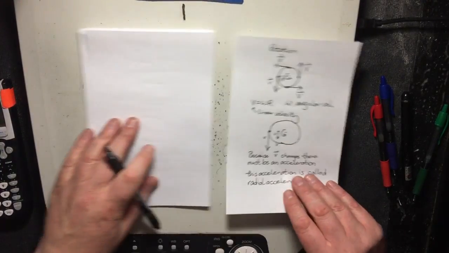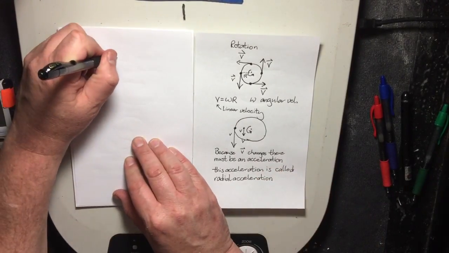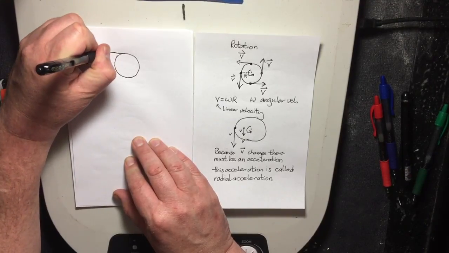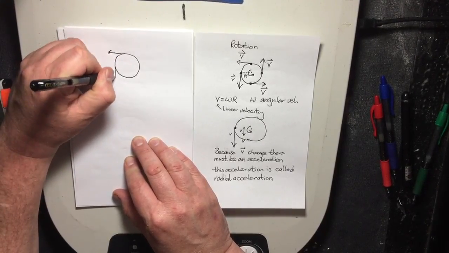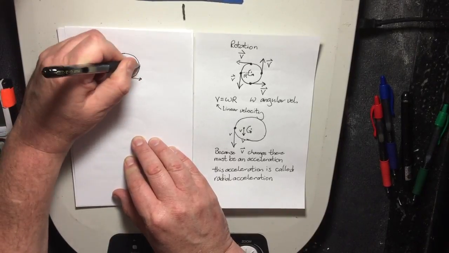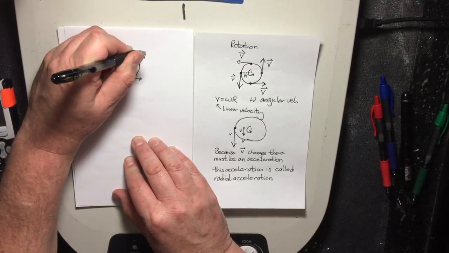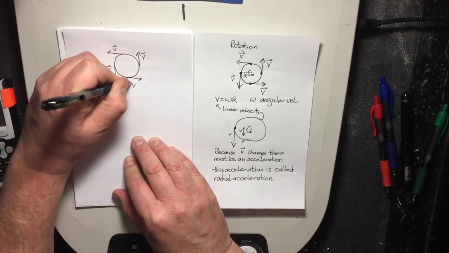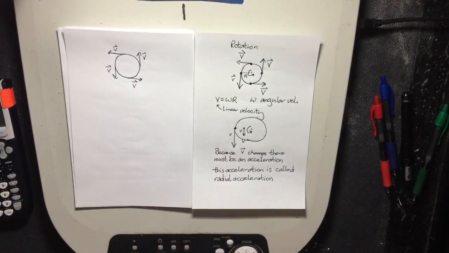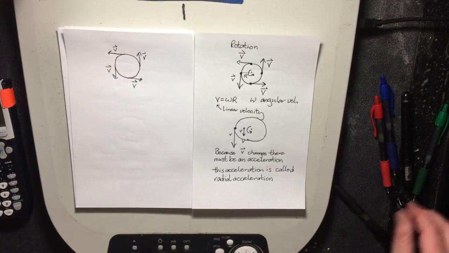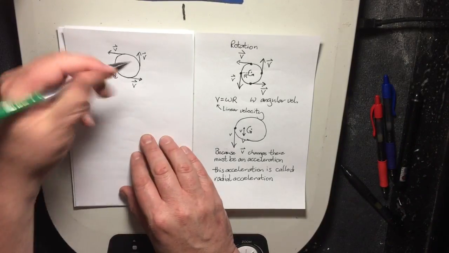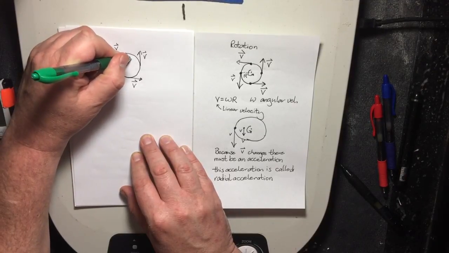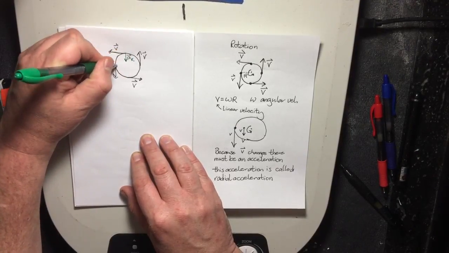This radial acceleration is the direction in which the velocity vector changes. Those are my velocity vectors as they're moving around the circle. The radial acceleration is in green.